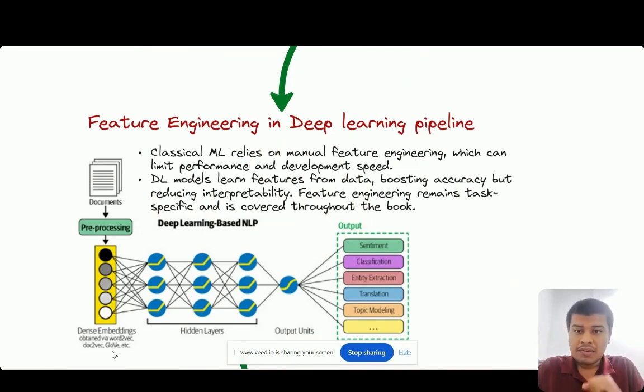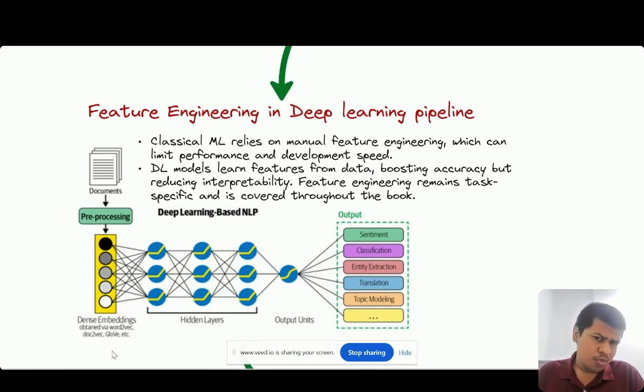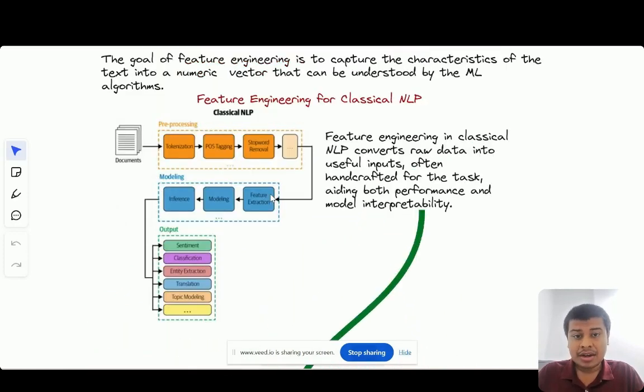So this is the whole feature engineering in the whole deep learning pipeline. That is it. And one problem with this approach is that it reduces the interpretability. Whereas in the classical NLP approach, we had the control of handcrafting our own functions or techniques for extracting the features. So we had the control.